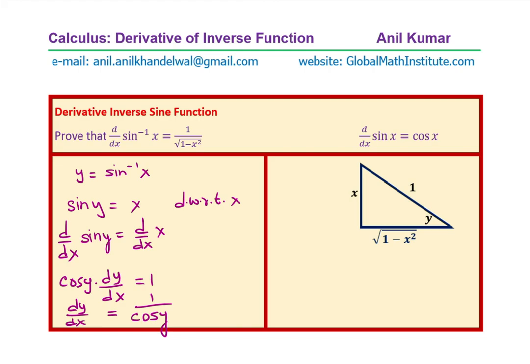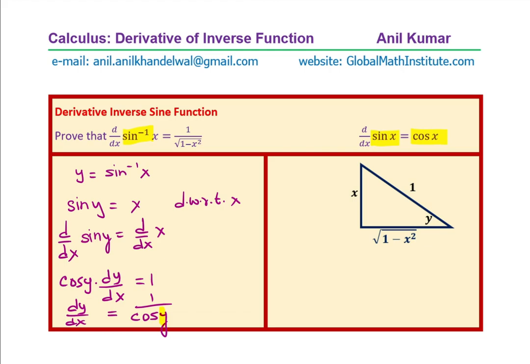Now, let's highlight. You know the derivative of sine x? It is cos x. Perfect. So what is the derivative of sine inverse x? The derivative of sine inverse x is the reciprocal of cos x, but the x value becomes y because it is the inverse function. You get the idea? The point (x, y) becomes (y, x).